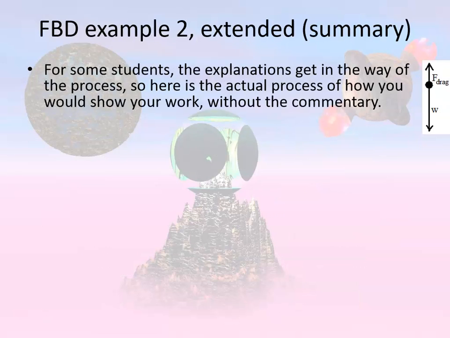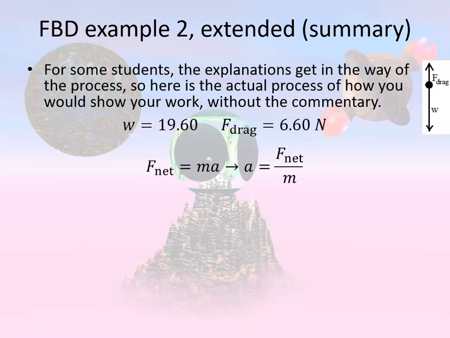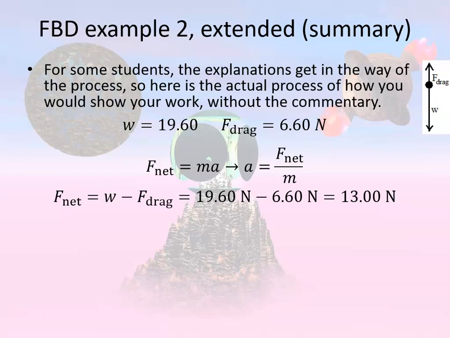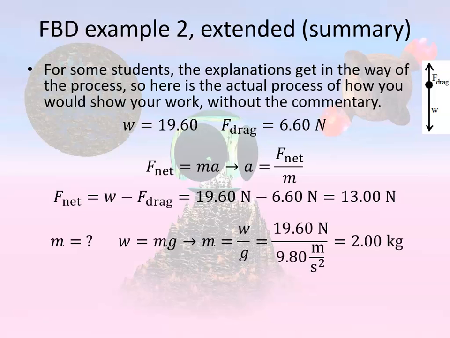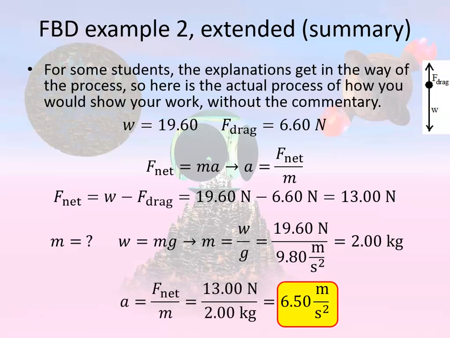So, just to summarize the whole process, write the givens, show the equation, plug in the numbers. In fact, in this case, what I would do is I would just say a equals W minus F drag all over m, and then plug in the numbers after finding the mass. But either way, you'll get 6.5 meters per square second.